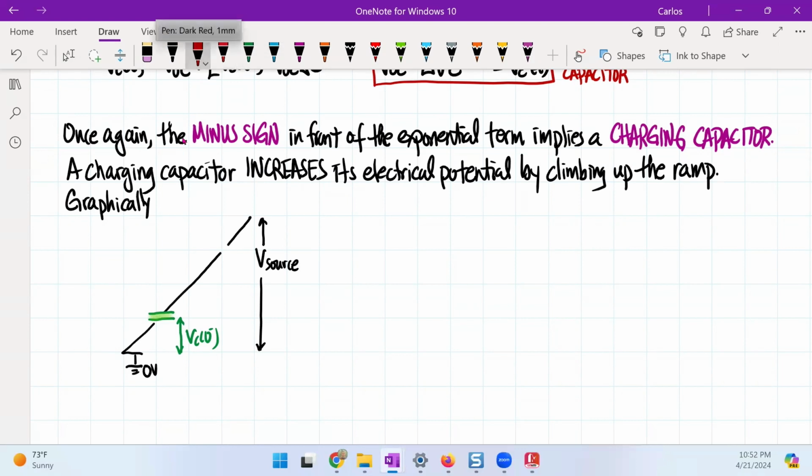Now, if I'm looking at my capacitor that has climbed up, for a charging capacitor, I have this height, which is VOC, measured relative to the ground. As the capacitor goes up, there is an increase. The difference in the height here is what this delta V means. So it's moving in the upward direction like this.